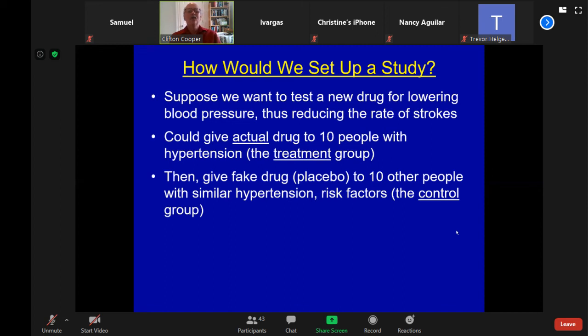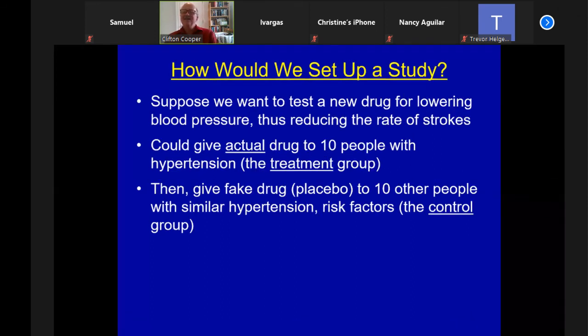So what do you do? You have a treatment group, and then you give a fake drug to a separate group of people, and they're the control group. And the thing is, nobody knows who was getting the real drug and who got the fake one. The people don't, and the scientist working with them doesn't know that either.